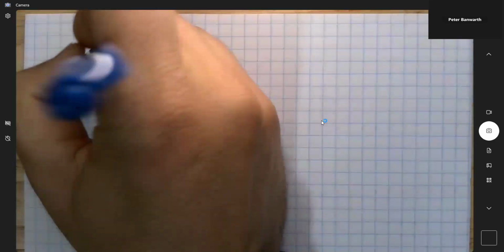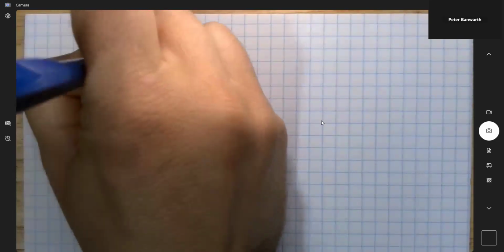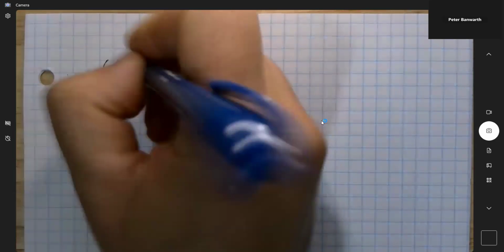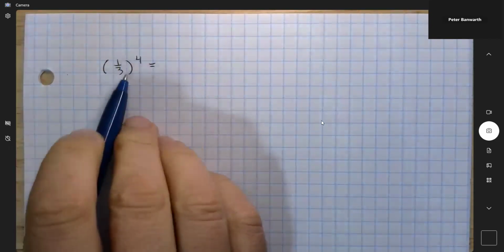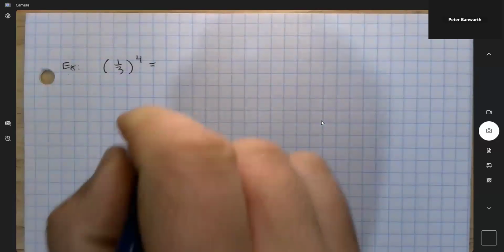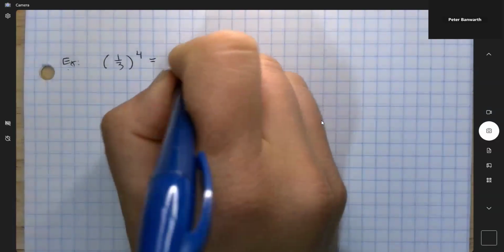So let's just do one more. It's always worth it. Let's try some funky bases and funky powers. Let's look at 1/3 to the fourth. Well, that's 1/3 times 1/3 times 1/3 times 1/3, which is 1/81.